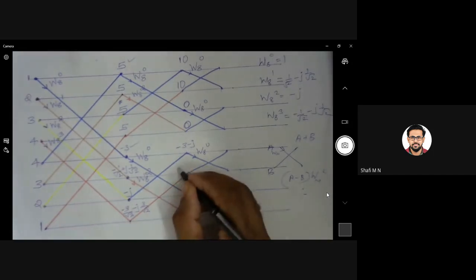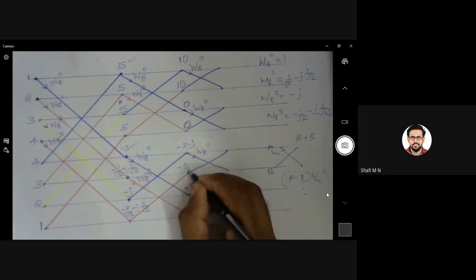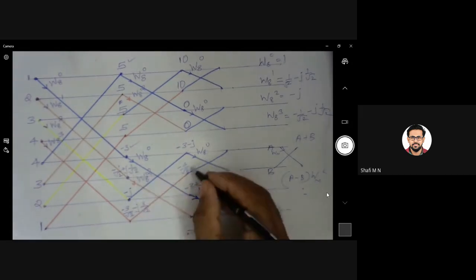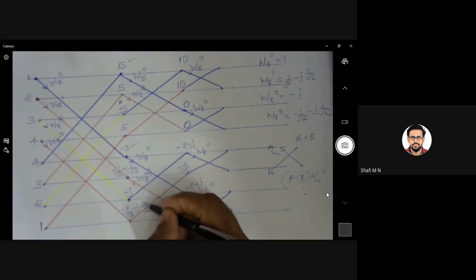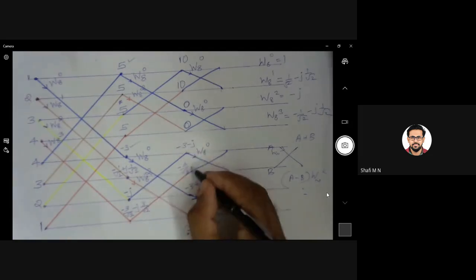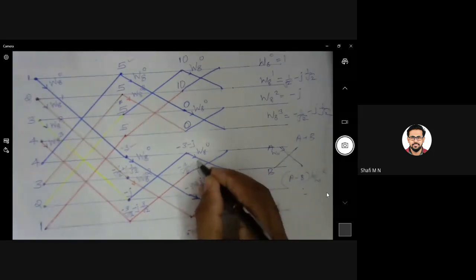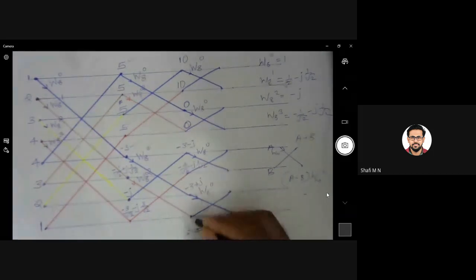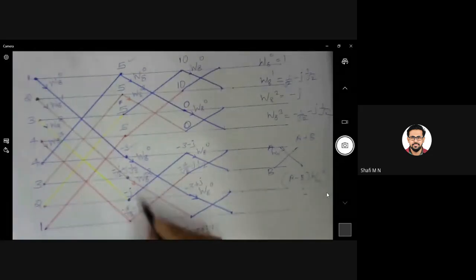Here we'll have minus 4 by root 2. Then the imaginary parts, plus j 1 by root 2 and minus j 3 by root 2. So you have minus 2 by root 2, right? Minus j 2 by root 2. And similarly find the lower part also. For the lower part you have to take the difference, then you have to multiply with minus j.